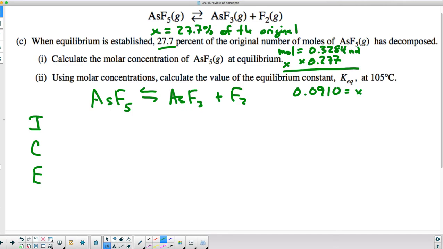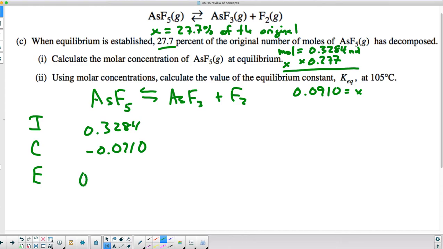So my starting, now I'm just going to do starting moles here. And I subtract this from the number of moles.